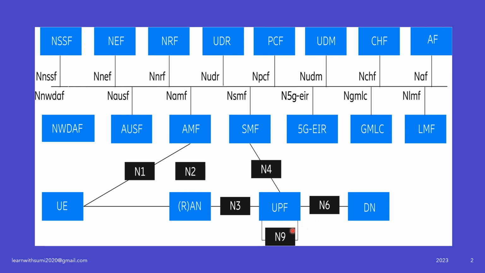Radio access network, or RAN, and data network interconnect. This is the interconnect between the data network and the radio access network. Then packet inspection and application detection. Then packet routing and data forwarding, which I mentioned earlier as well. And then we have quality of service management and usage reporting.